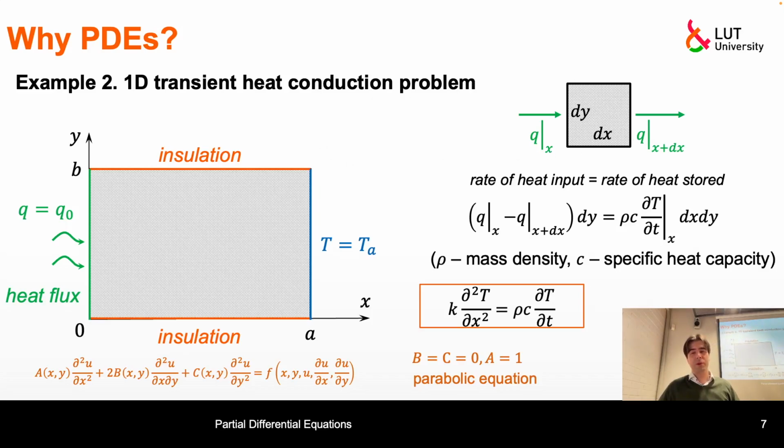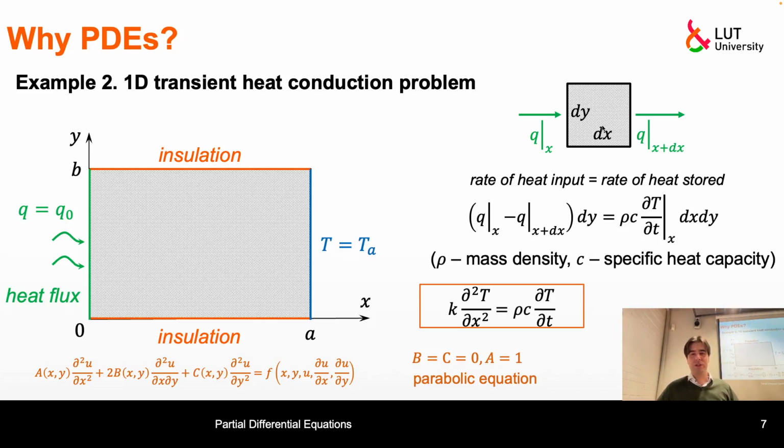So we use the same approach, a differential element, but the consideration about equilibrium changes a little bit, because now we don't have equilibrium, but we have a kind of dynamical balance, which means that the rate of heat input must be equal to the rate of heat stored in the element.